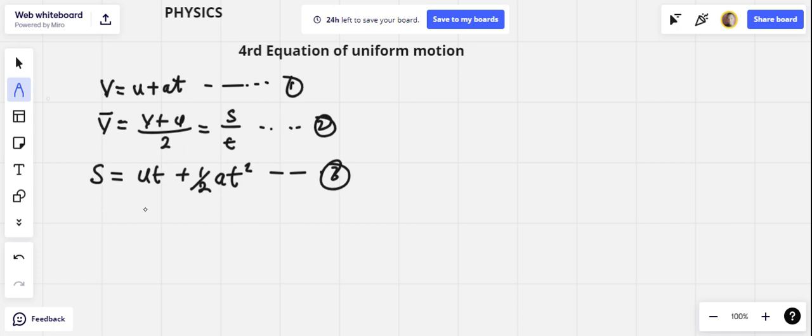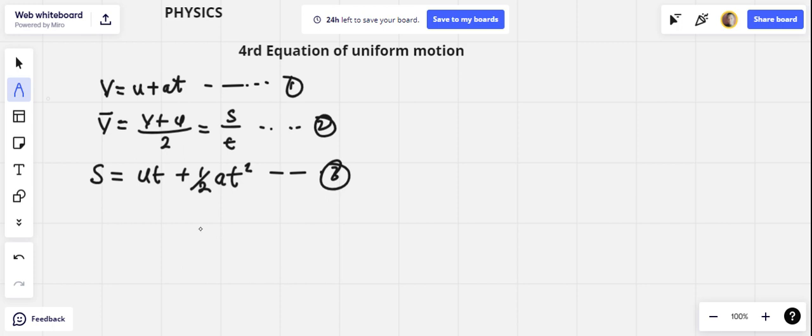So the next equation that we're going to derive is the one that has what? It has initial velocity, final velocity, acceleration, and what? Displacement. So how are we going to get that one? We are going to get that one leveraging from the first equation here.